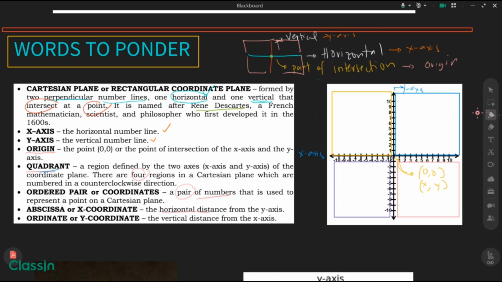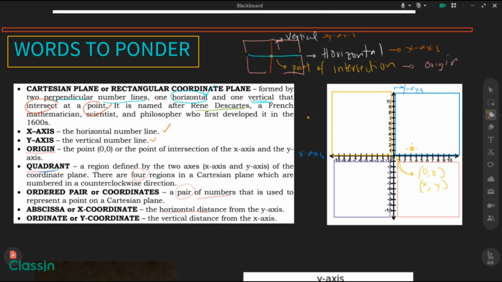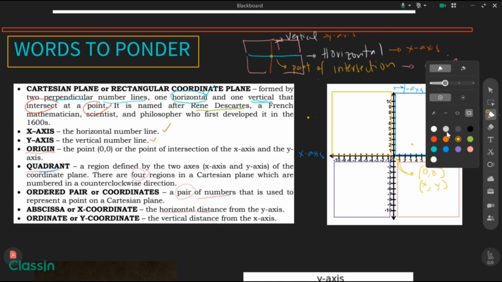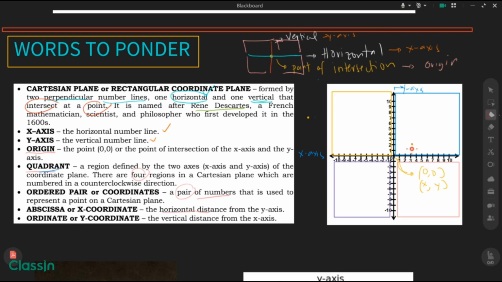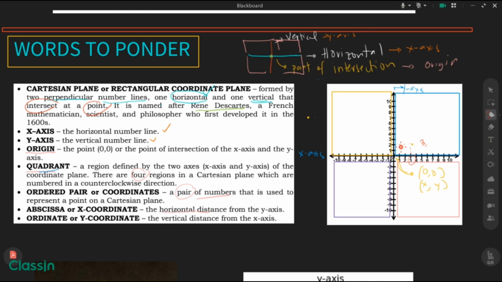What about the ordered pair? It is a pair of numbers that is used to represent a point on a Cartesian plane. So for example, let's look at first the x-axis. It is 3. And what about for the y-axis? It is 2.